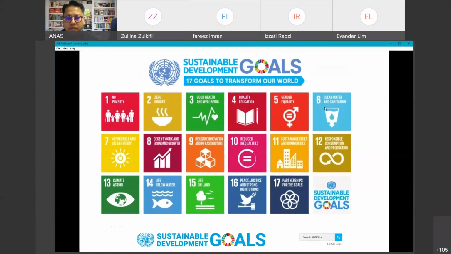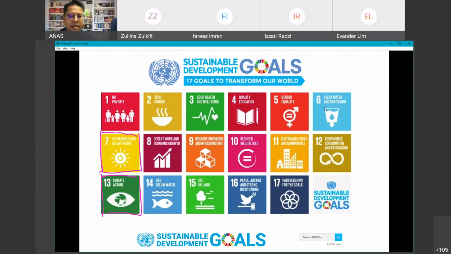In our case, for example, in our syllabus, the most relevant agendas for Thermodynamics 2 are probably number 7, which is affordable and clean energy, as well as number 13, which is climate change.